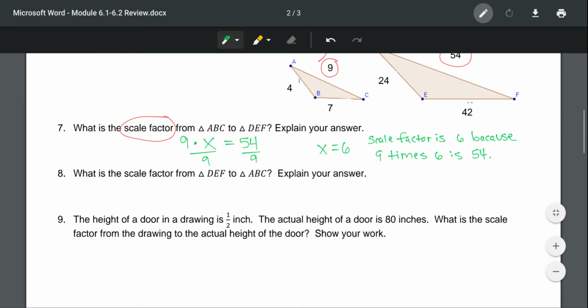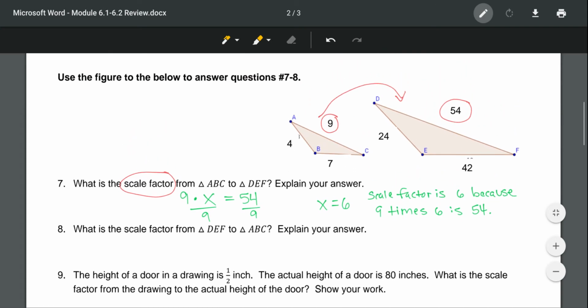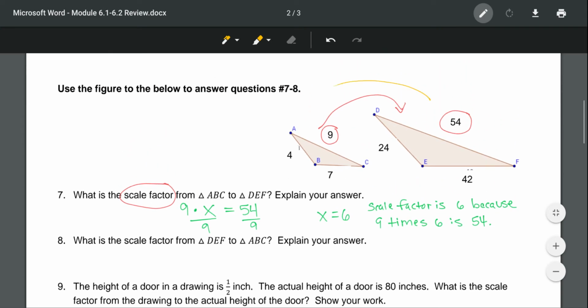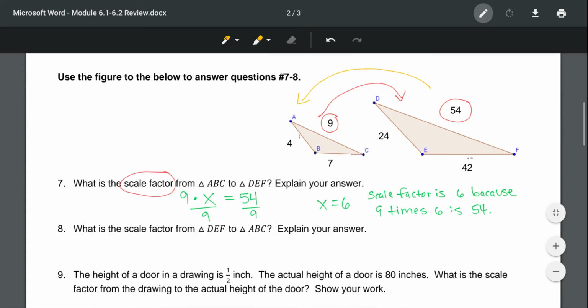Okay, number 8 is asking you for the scale factor from DEF to ABC. So we're going from the large triangle DEF to the smaller triangle ABC. So you can look at any two corresponding side lengths. So I'm going to look at 54 again and 9.